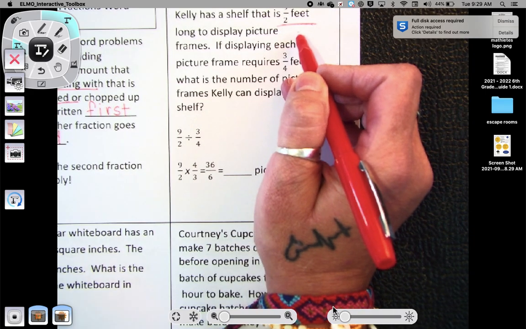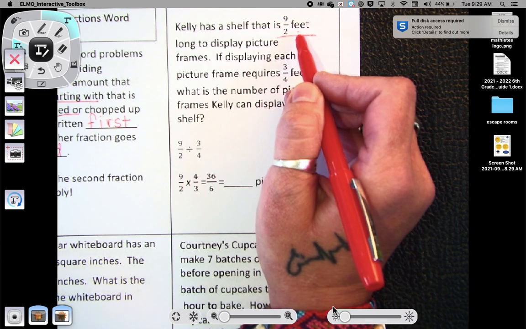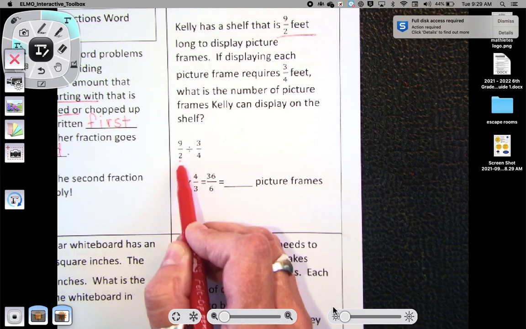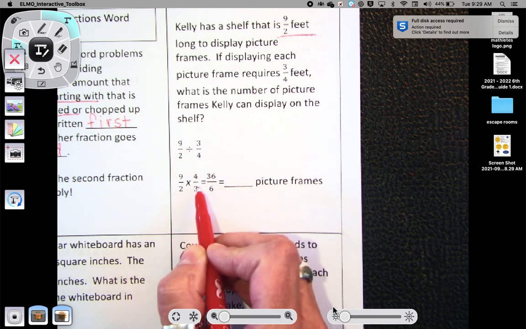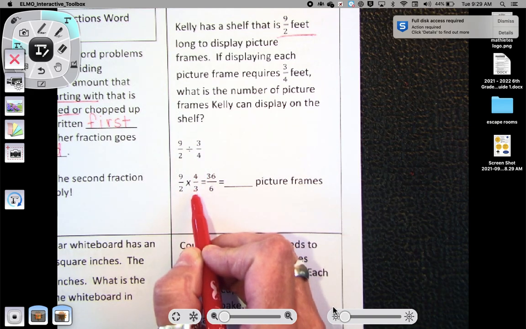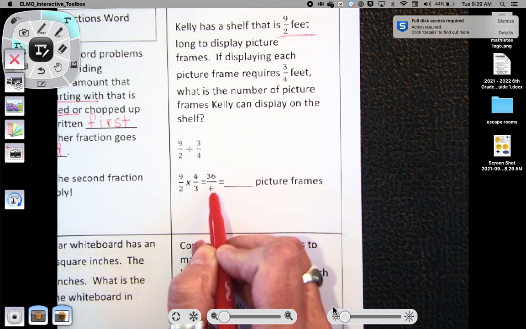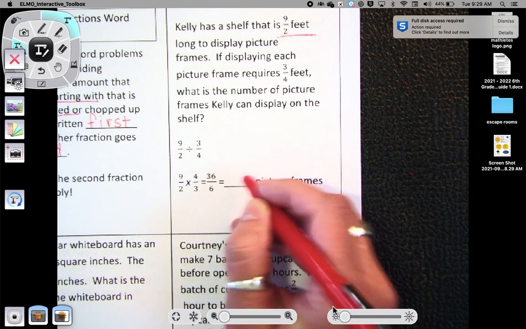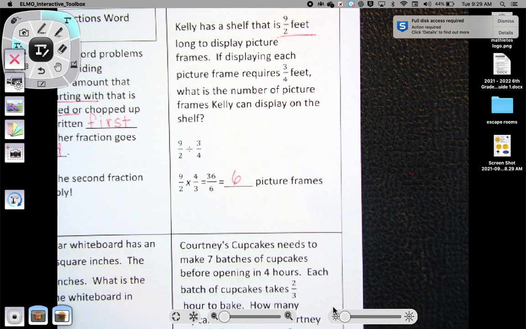You're not dividing up the picture frame to put on a shelf, you're dividing up the shelf to put picture frames. So we started with 9/2 divided by 3/4. Then flip the second fraction and multiply. And we know that in order to simplify 36/6, we divide. Therefore, Kelly can display 6 picture frames.